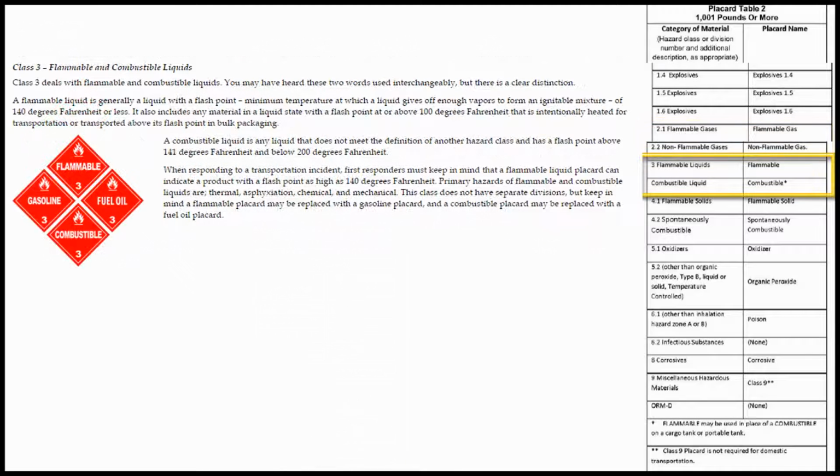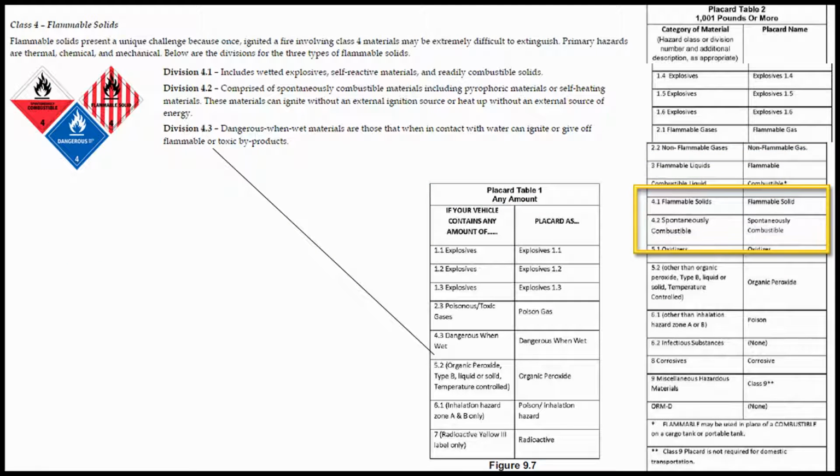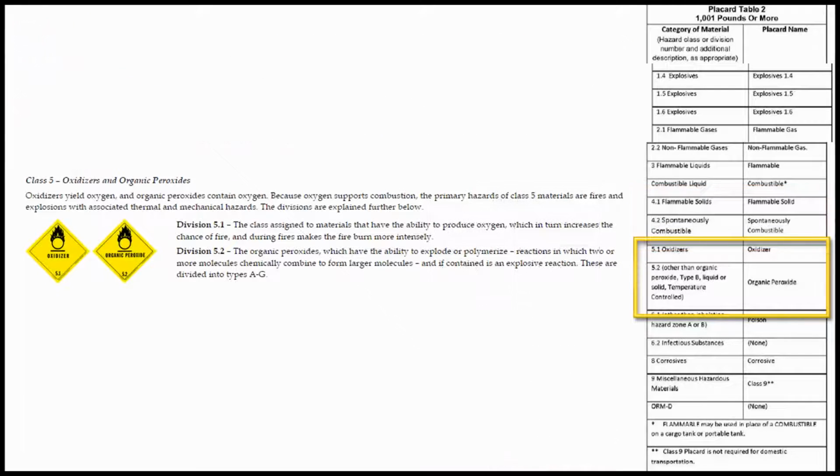Category 3 flammable liquids, placard name flammable. Placard name combustible liquids, placard name combustible. Category 4.1 flammable solids, placard flammable solids. Category 4.2 spontaneously combustible, placard name is spontaneously combustible.